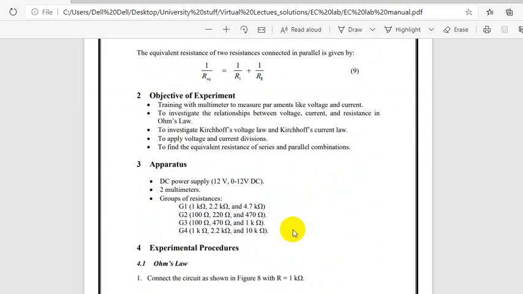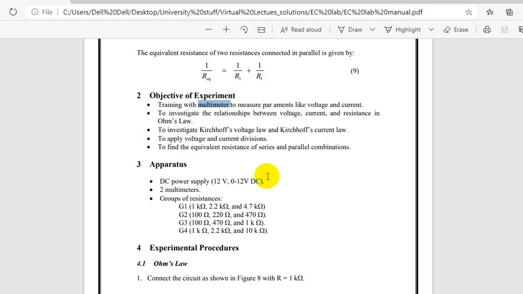So whenever you start the experiment, it should have some objective. What is the objective? Training with the multimeter to measure parameters like voltage and current and resistance. The word multimeter is new for you, I think. Multimeter means which can perform multitask.